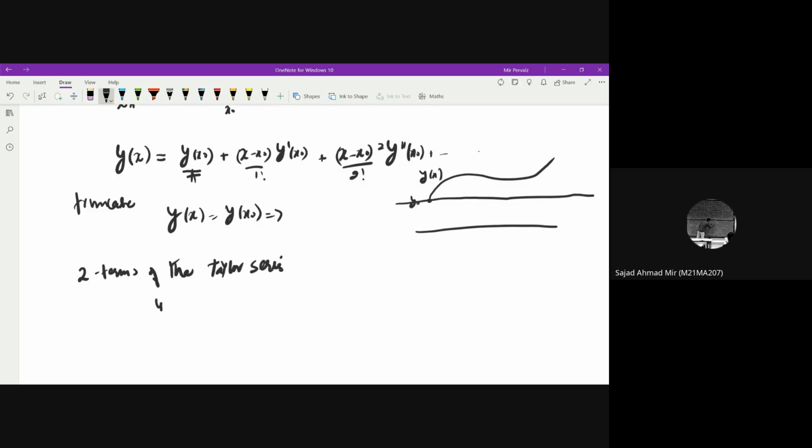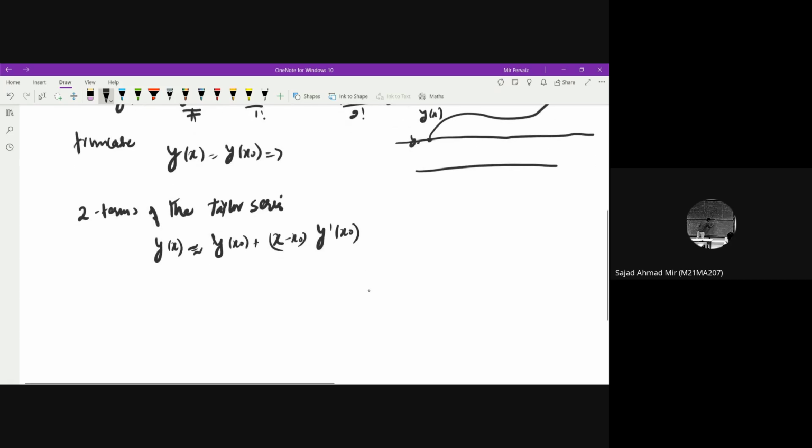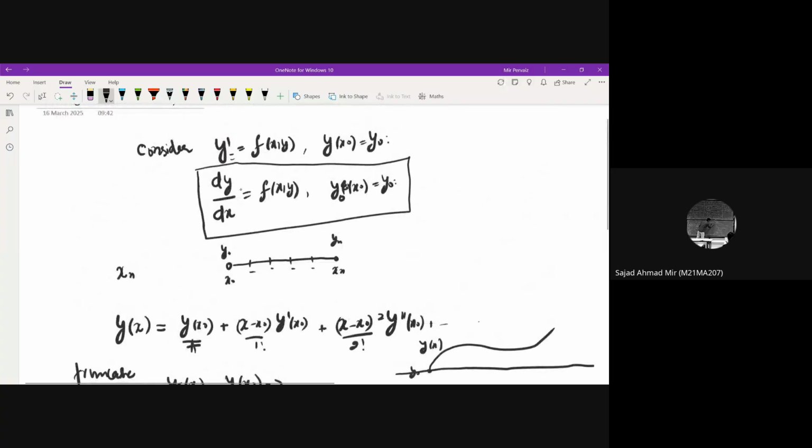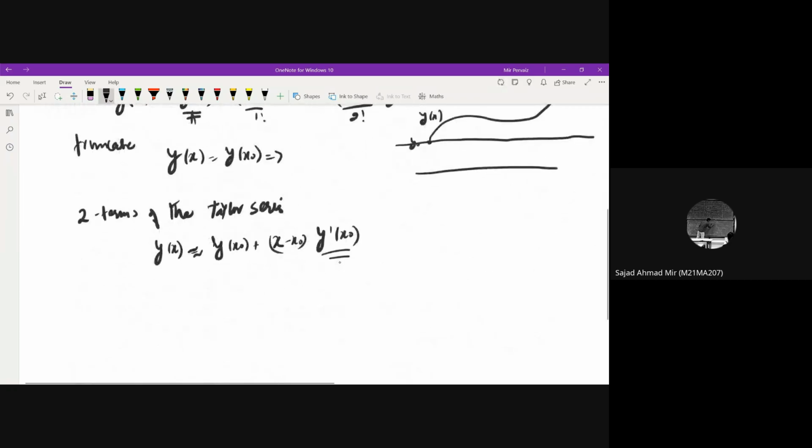Now your y of x will be approximated by y at x0 plus (x minus x0) times the derivative y dash at x0. So this is the approximation when we retain only two terms of our Taylor series approximation. But what do you know about y dash at x0? Your original differential equation is this. This derivative you already know.